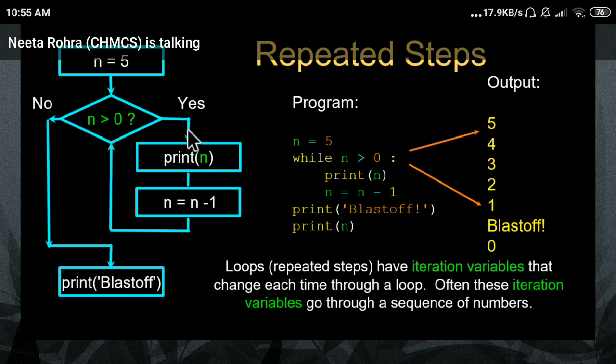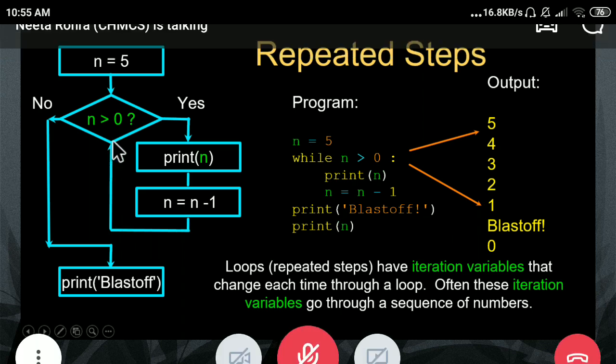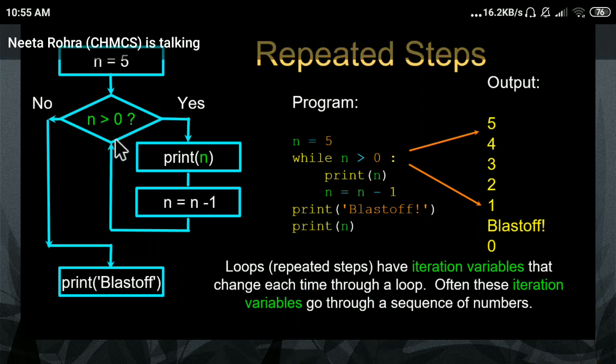Again the condition is true. It comes in and prints the new value of n, that is 4, and decrements again by 1. Now the new value of n is 3. Again it goes back to the condition, checks, the condition is true. It comes inside the loop, prints the new value of n, decrements the value, and stores it back in n.